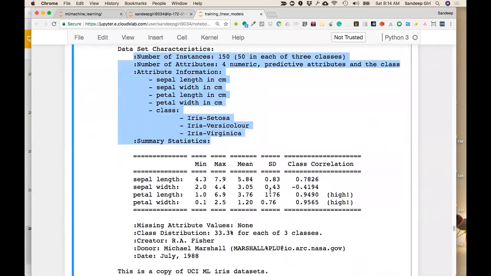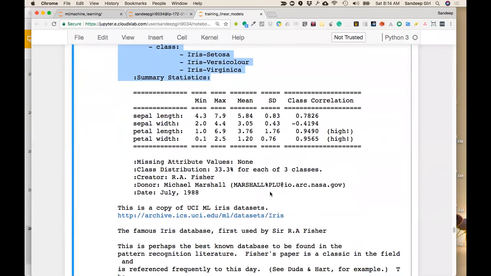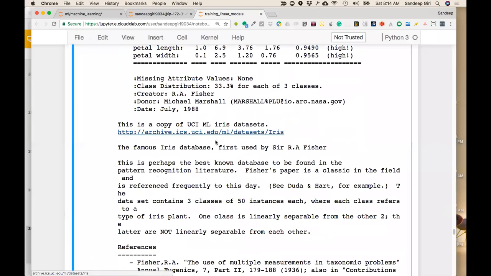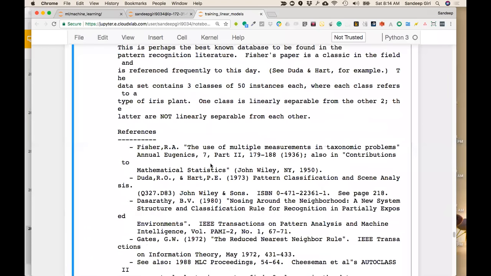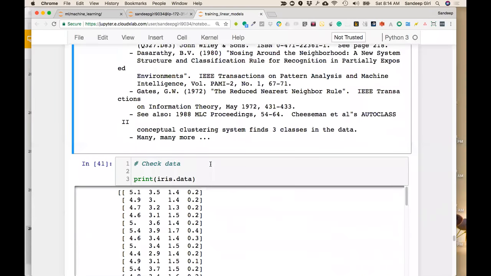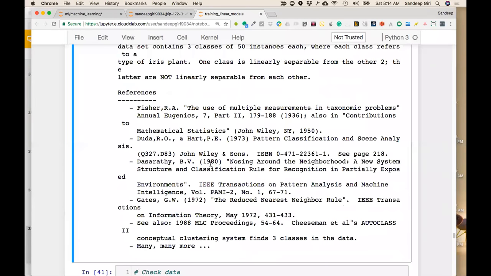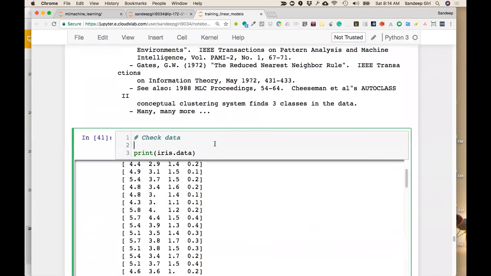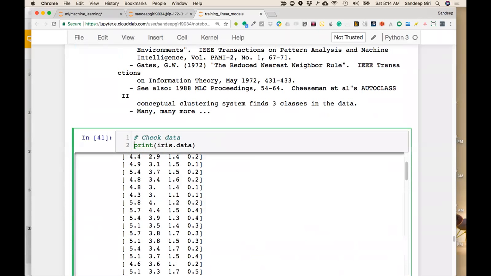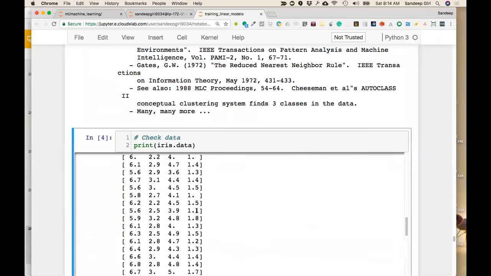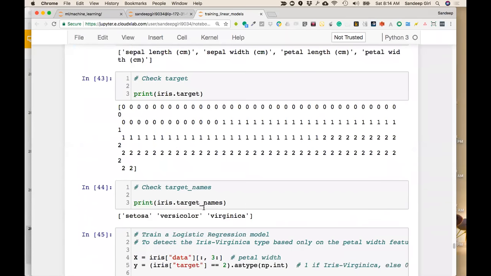Now we say print iris.data, and you have those four columns over and over.